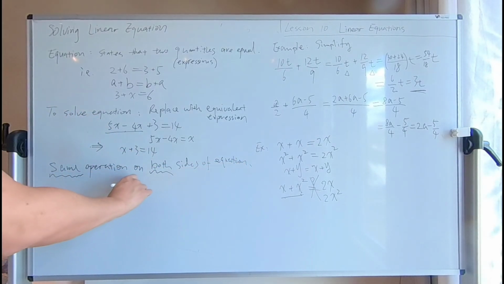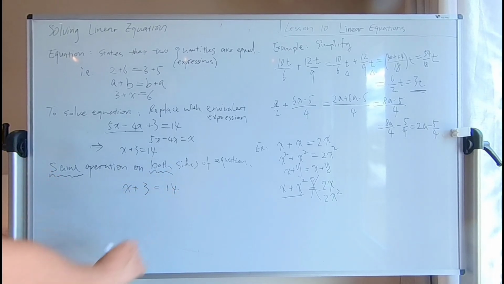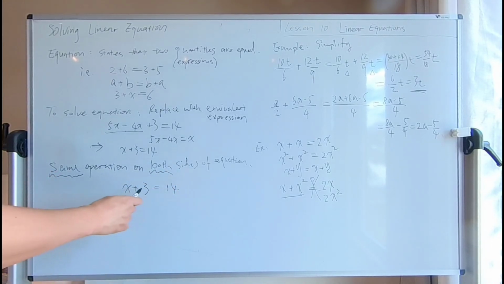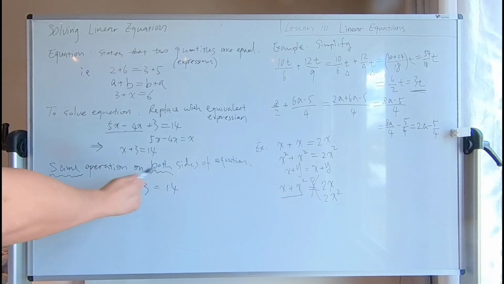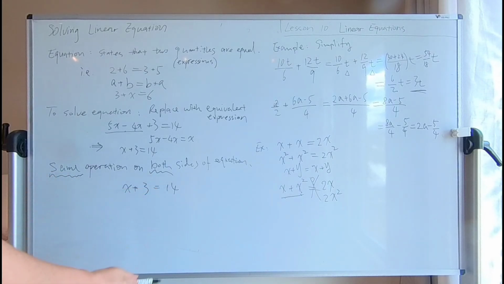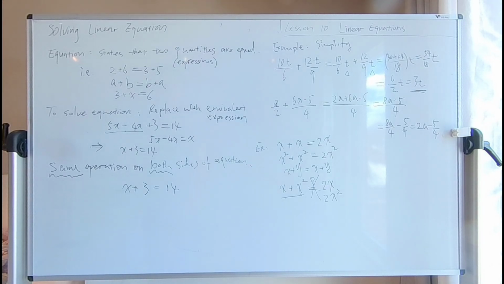We usually call this moving terms around on both sides of the equation, moving a term from the left hand side to the right hand side, or from the right hand side to the left hand side. This is a very common technique that you will use much more frequently.